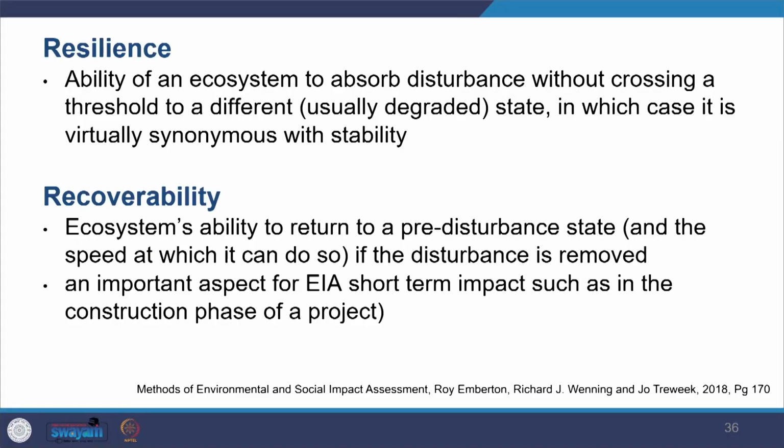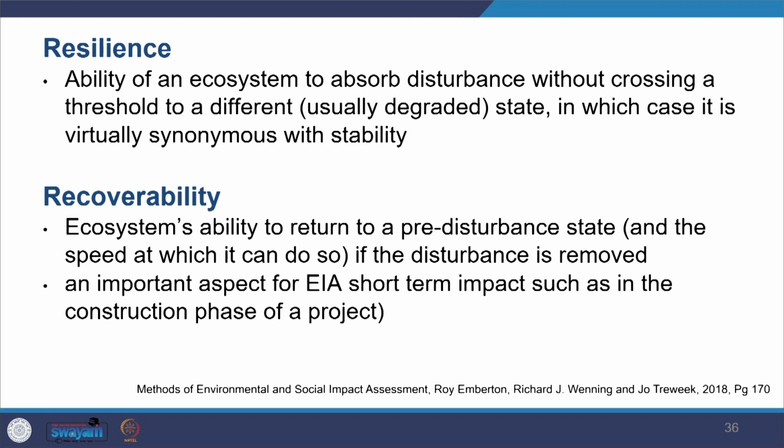It's the ability of an ecosystem to absorb disturbances. So how capable the system is to absorb any kind of disturbance. Whatever happens, it gets back to normal without crossing its threshold to a different state where it changes its form. So resilience can also be said as the stability.